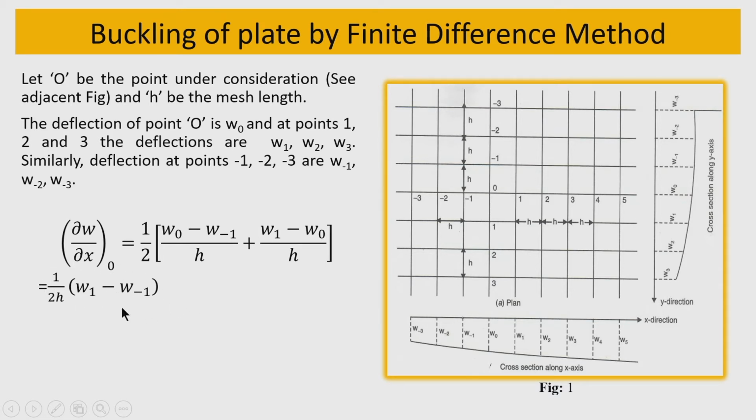So, if I look at the coefficients of the deflected surface, for W 1 the coefficient is 1, for W minus 1 the coefficient is minus 1, because the negative sign is there, and for W naught the coefficient is 0, because no W naught appears.